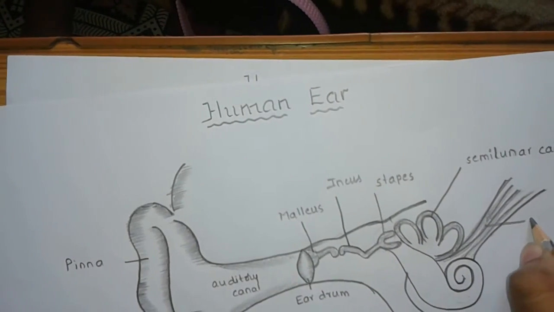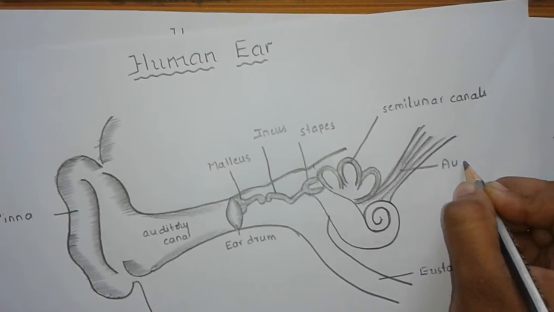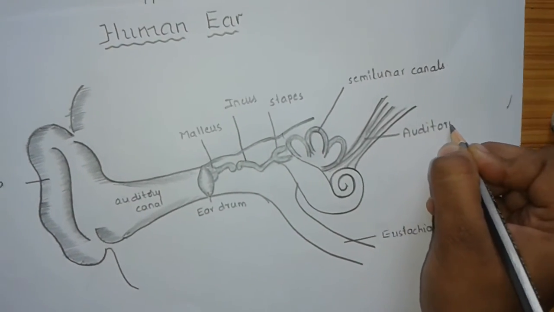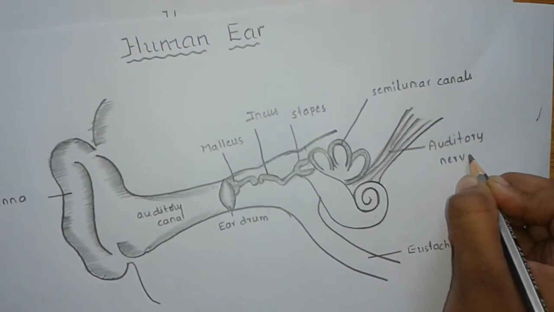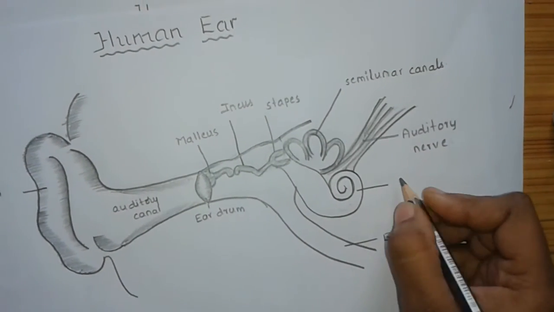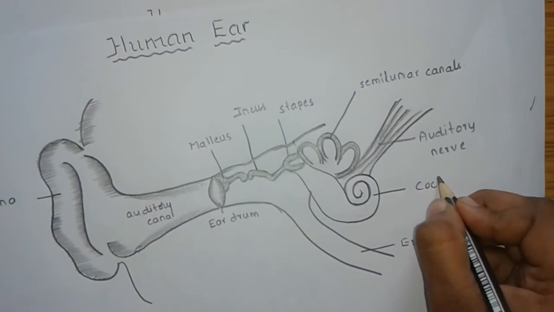Then this is the auditory nerve. And this is the lower part of the inner ear, that is the cochlea.